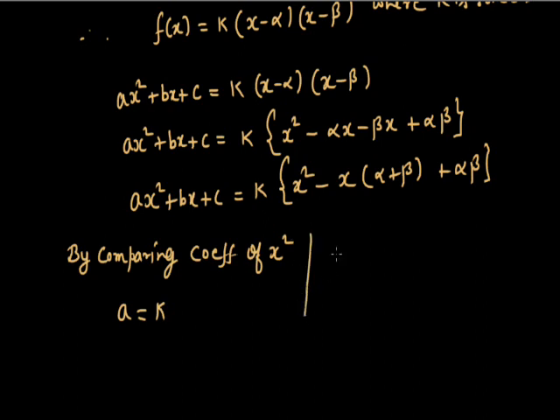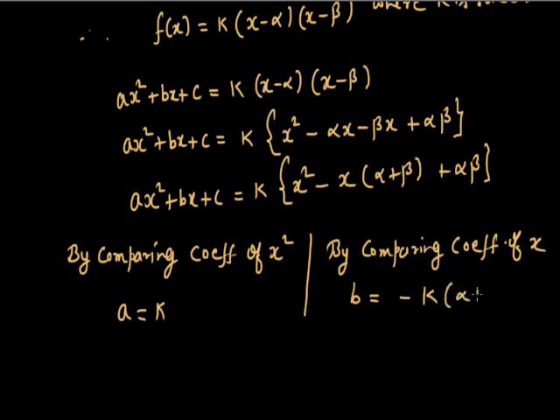Again by comparing the coefficient of x, b will be equal to −k(α + β). Therefore α + β = −b/k, and we know that k is equal to a, so it will be equal to −b/a. So α + β = −b/a.